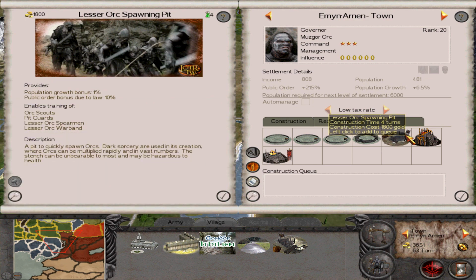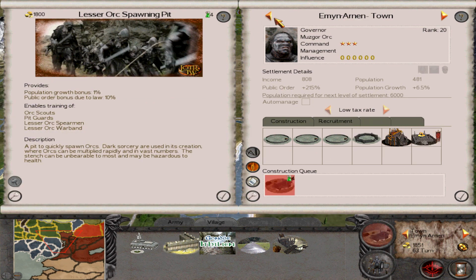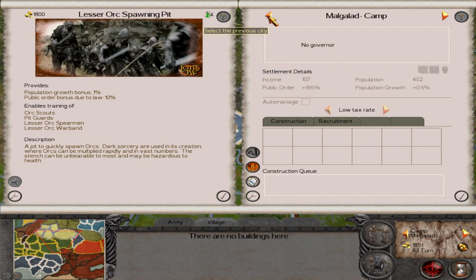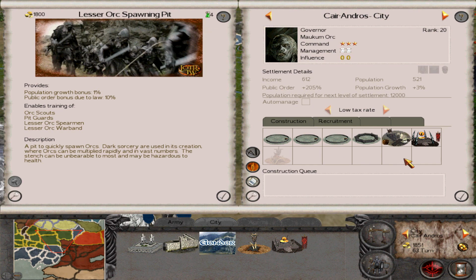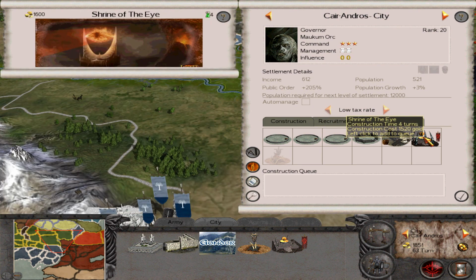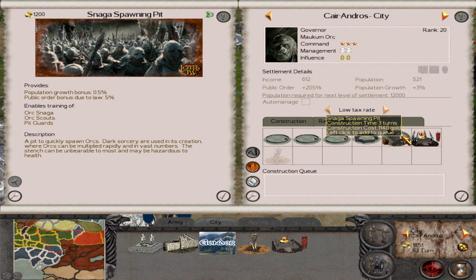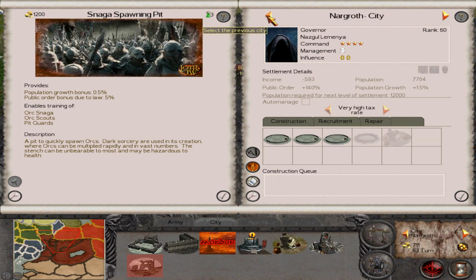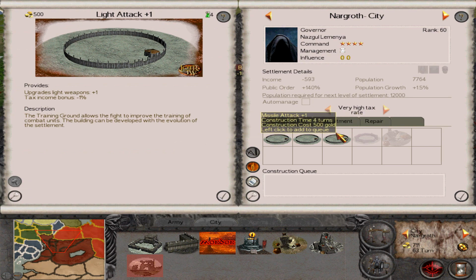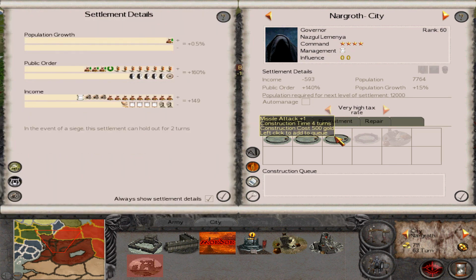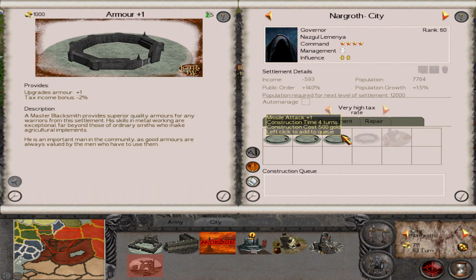Let's go for some buildings where we can get troops. So in Emen Arnan we'll get the Lesser Orc spawning pit. In Carandros we can go for the Snaga spawning pit. In Nargrot, actually, we can upgrade troops.